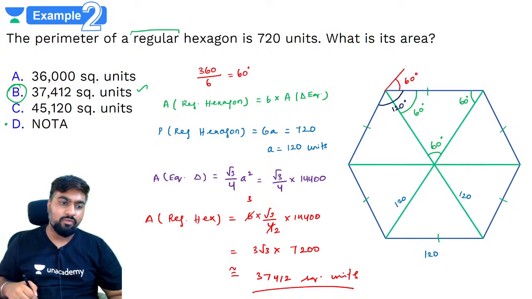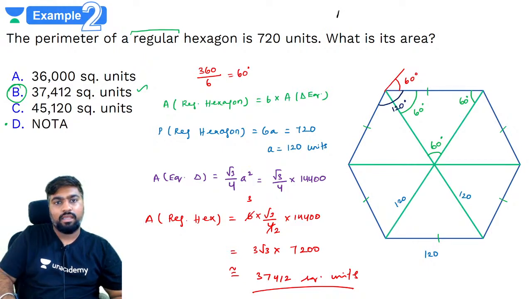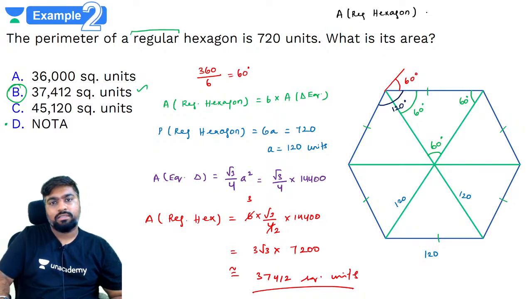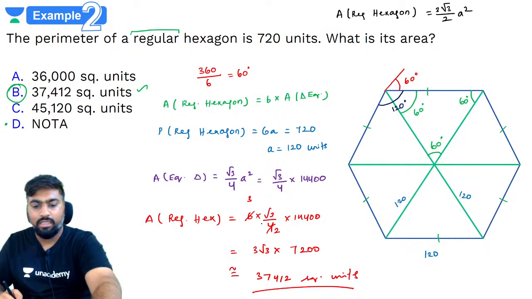Otherwise, if you want the area of a hexagon, here is the formula: area of regular hexagon is equal to root 3 by 2 a square, which is basically what we derived. We just derived it. Done?